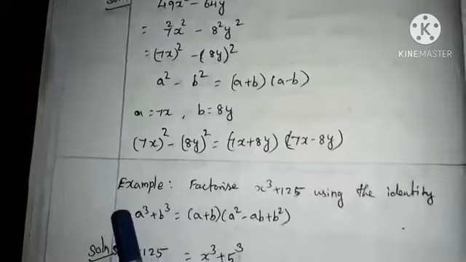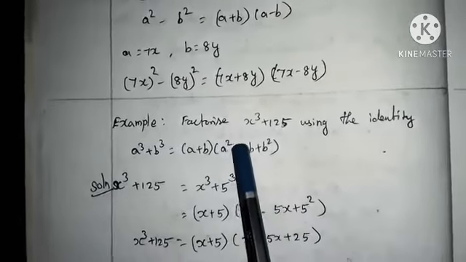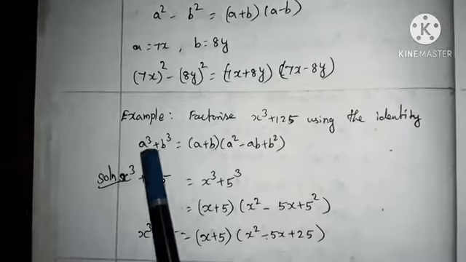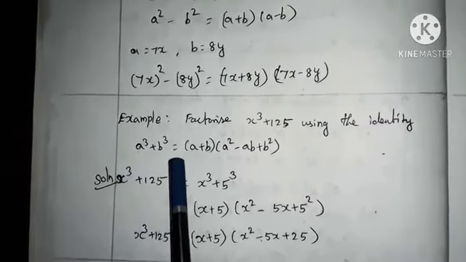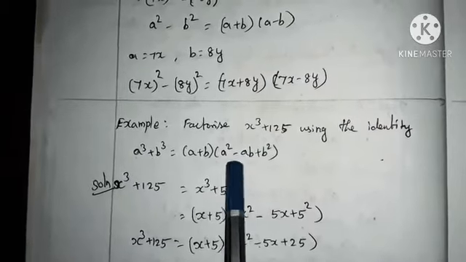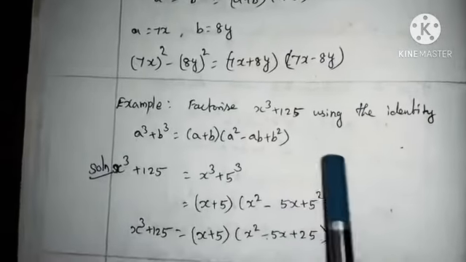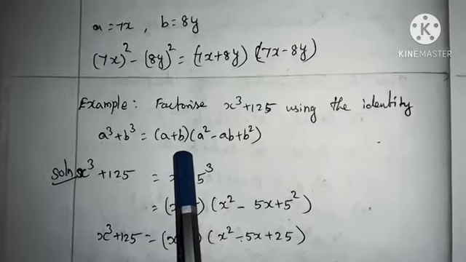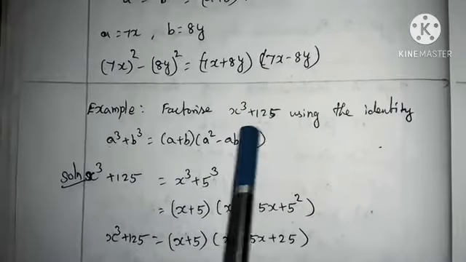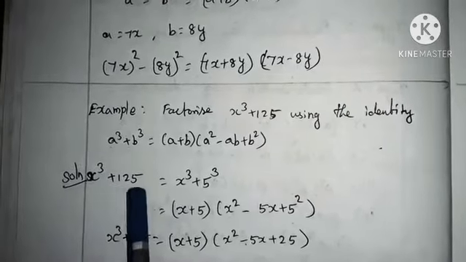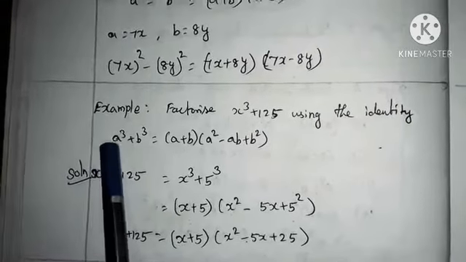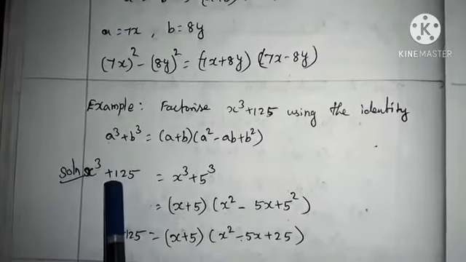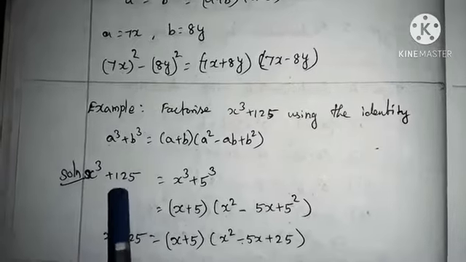The next example is factorize x cube plus 125 using the identity a cube plus b cube is equal to a plus b into a square minus ab plus b square. Here they have given the identity. Using that identity, you have to factorize the given algebraic expression x cube plus 125. Here the identity is a cube plus b cube, so we are going to change this 125 as a cube.